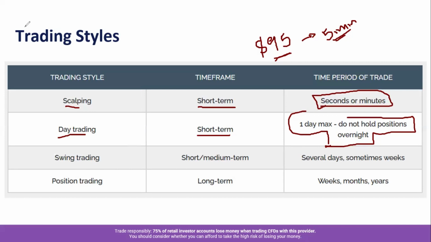I don't have any problem leaving a trade to run overnight. After 9 p.m., I don't even check my MetaTrader, I don't check TradingView, I don't check anything. If an alert gets triggered, maybe I'll go and check it.